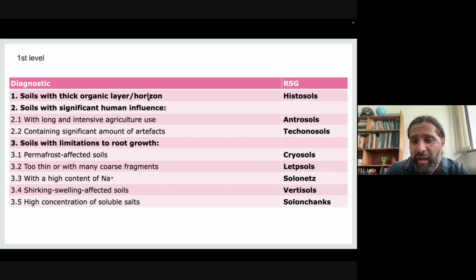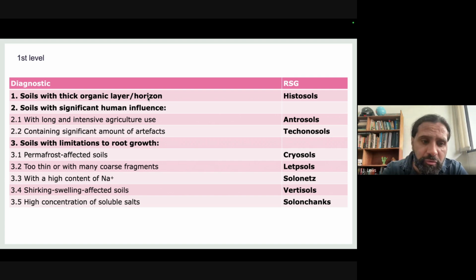We have leptosols, soils that are really, really thin or with many coarse fragments. So the R layer, the fresh rock, is quite close to the surface. And because of this, the rock does not allow roots to grow at deeper horizons.